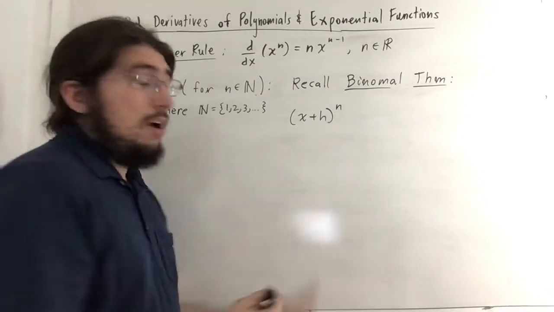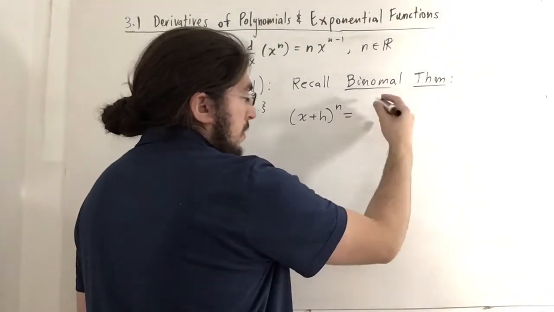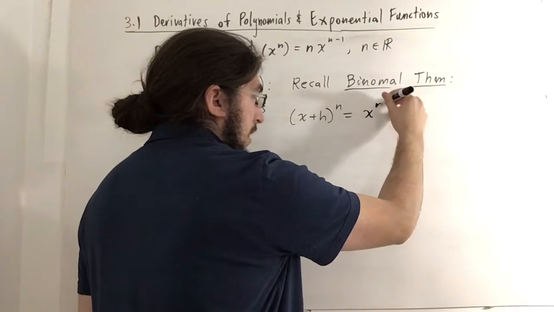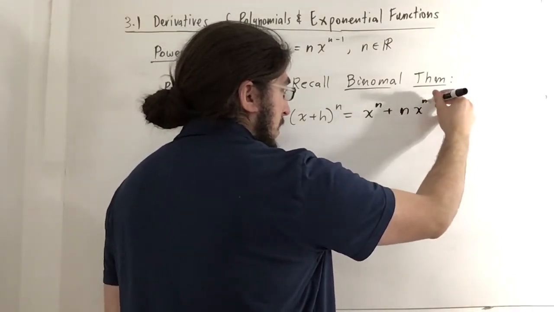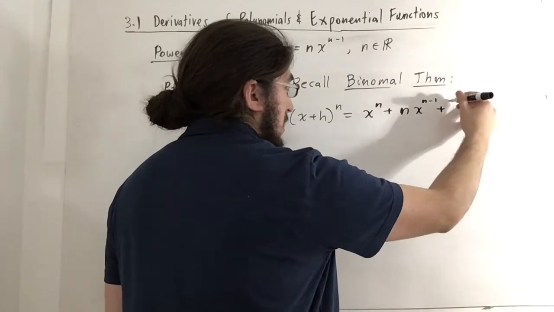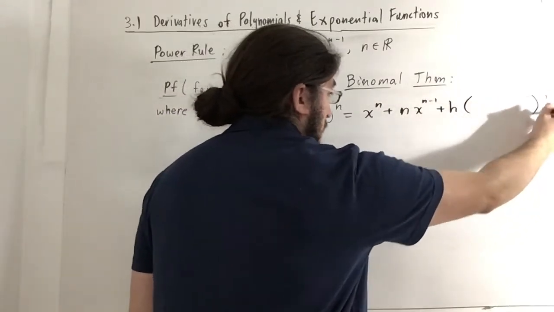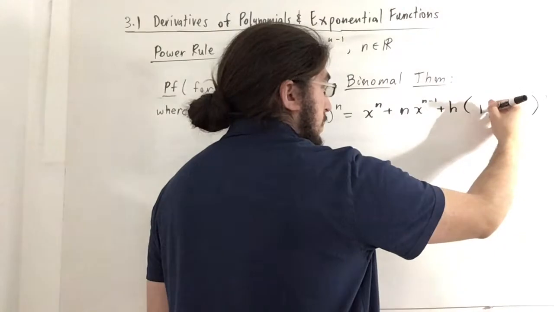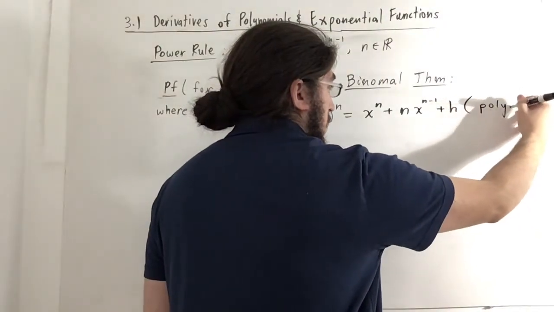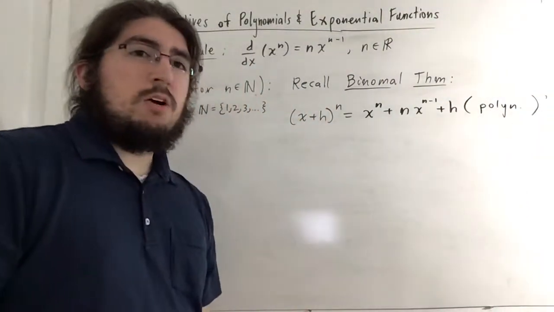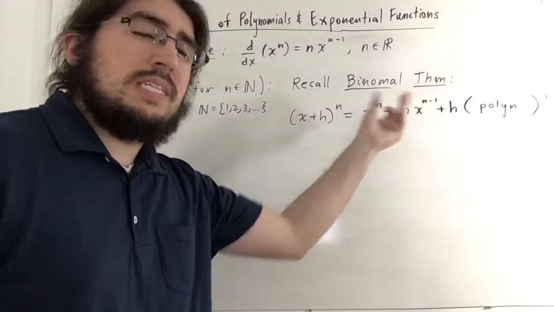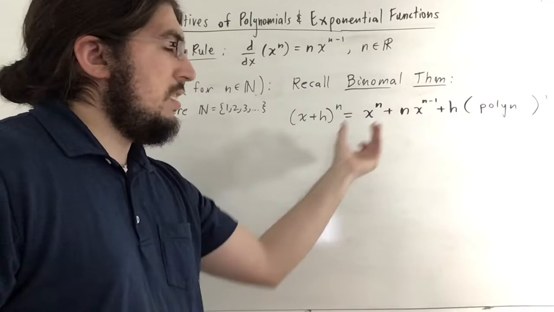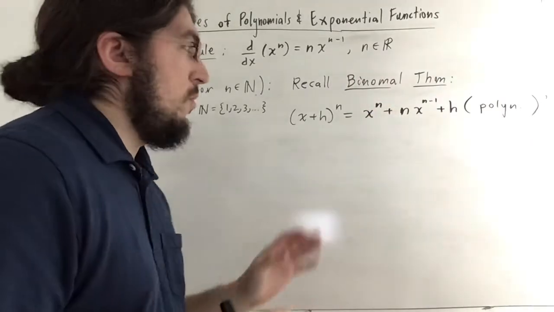To expand this out, the binomial theorem basically tells us that this is x to the n plus n x to the n minus 1 times h, plus h squared times some polynomial. That's basically all we need. The binomial theorem says something more specific, but I'm going to use this version of the binomial theorem, if you will.